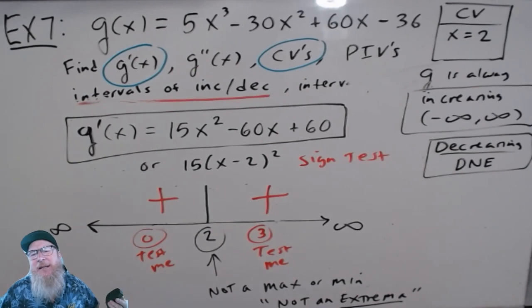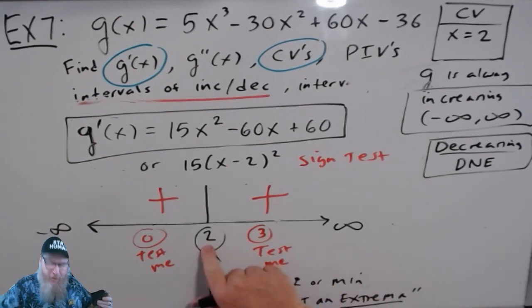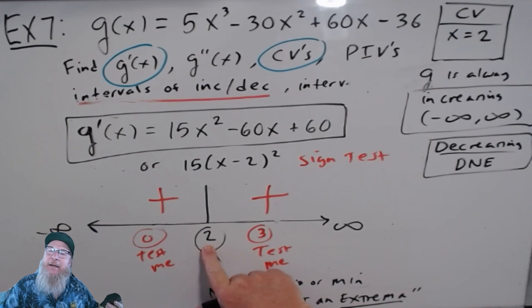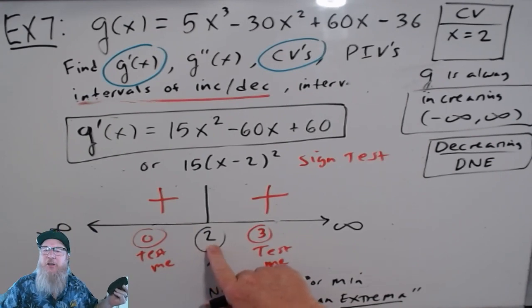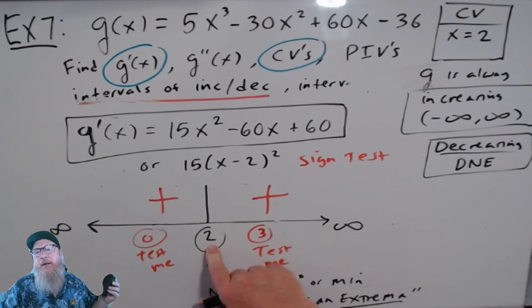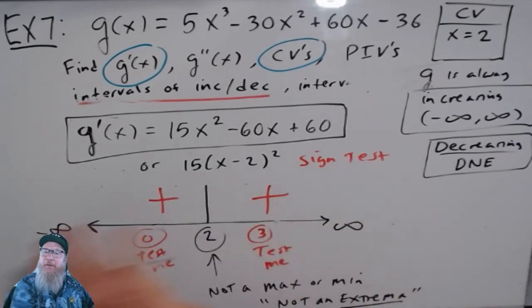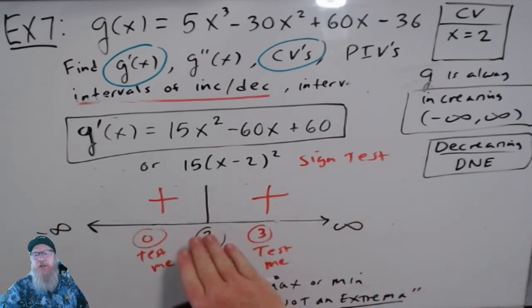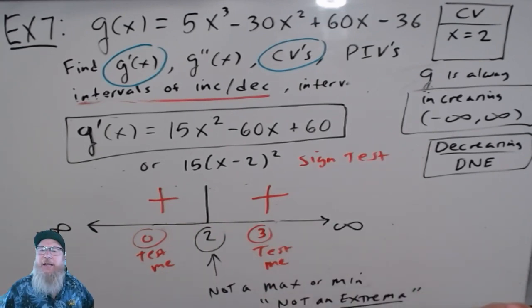But, you know, you could get into the deep philosophy, or what's called the study of argument, where we could just spend all day arguing about whether or not 2 should be included or not. It's really a matter of opinion. You could argue that 2 is neither increasing nor decreasing, in which case you would have to separate them out: negative infinity to 2, union 2 to infinity, thereby excluding 2.